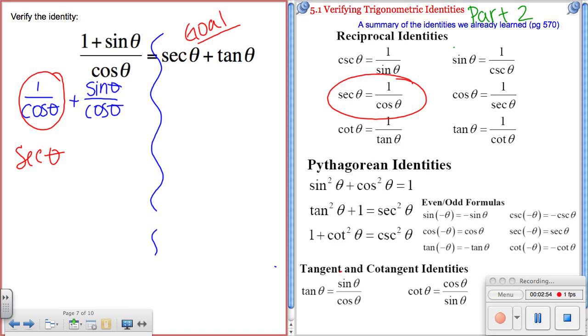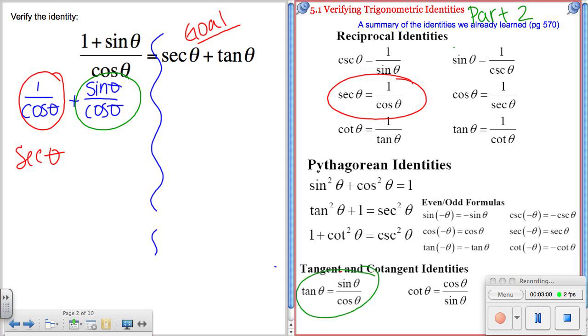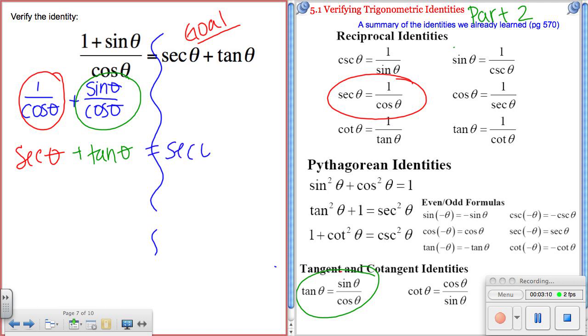And the other great thing about sine over cosine is that's the same thing down here as tangent. So I have secant plus tangent, and that's what I wanted it to equal. So we just went ahead and verified that identity.